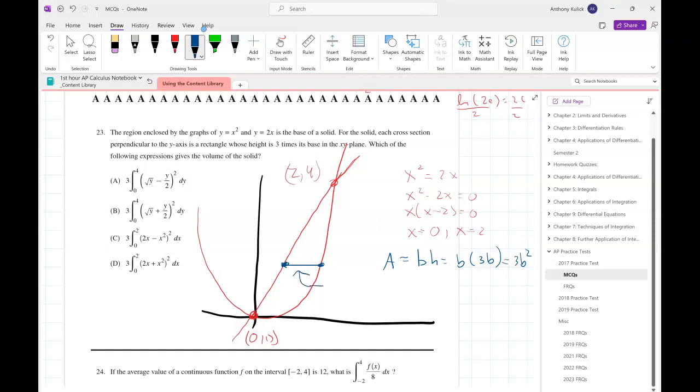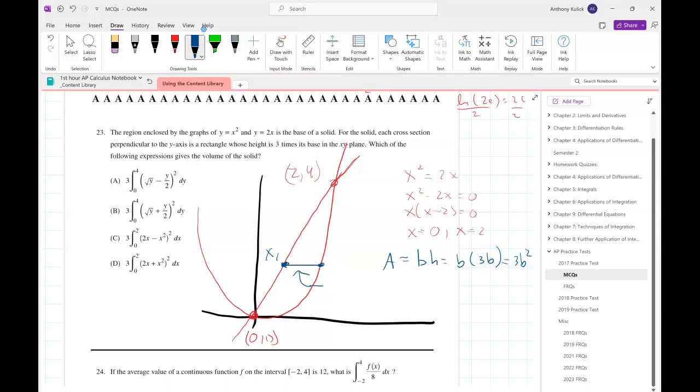So this value here is going to be x's, right?